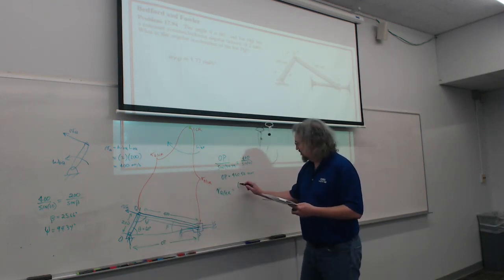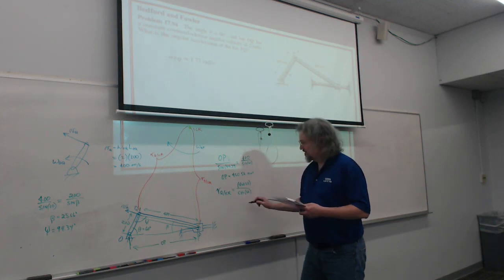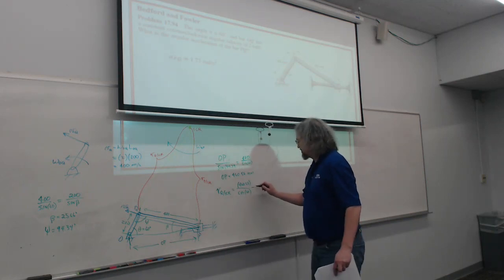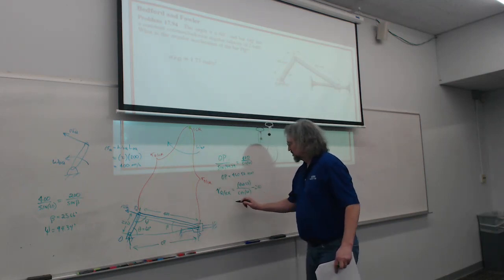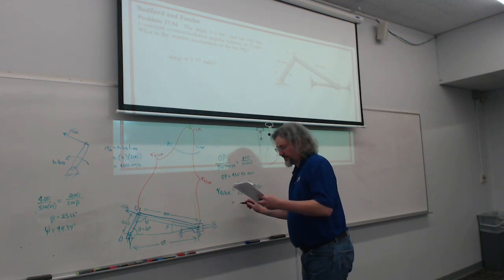So if I take 460.56, divide by the cosine of 60 degrees, I get this entire length, and then I could subtract out 200. So for my ICR, it comes out to 721.1 millimeters.